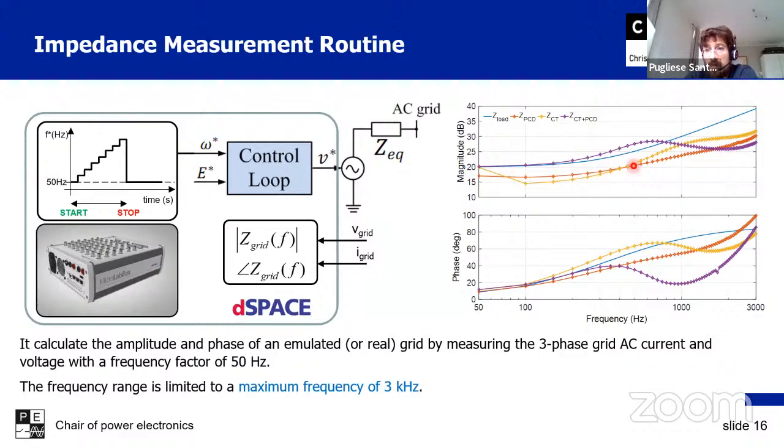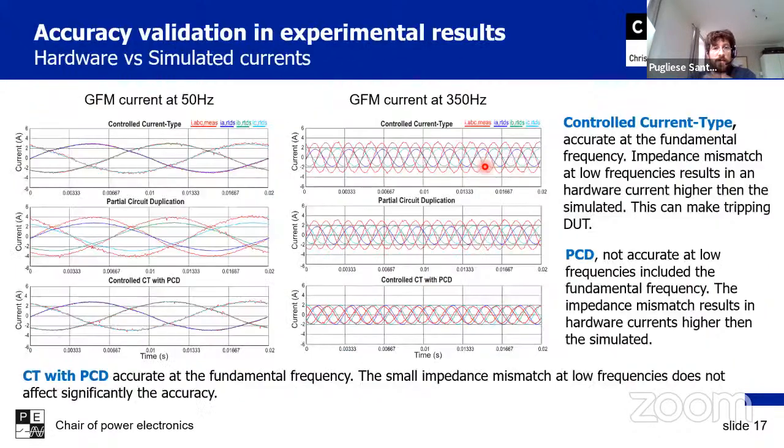The partial circuit duplication was this red one, and from the simulation, the analysis, and the experimental results, we saw that this impedance is less. So it means that we will have a current even higher than expected for that load. As soon as we moved to the combination of both, we saw much more accuracy at low frequency, and especially at 50 Hertz.